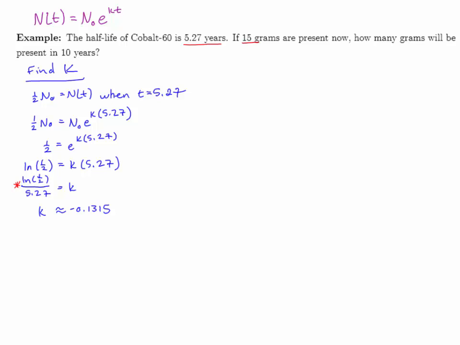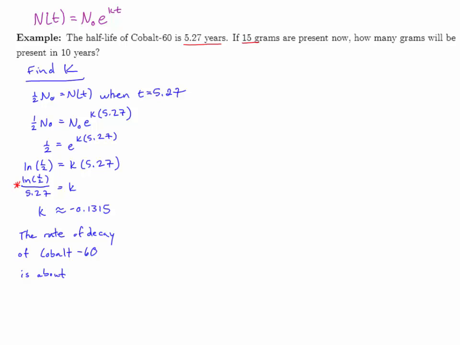This approximate value is helpful, though, in that it tells us the rate at which cobalt-60 decays each year. So what this means is that the rate of decay of cobalt-60 is about, and the negative is happening because it's decaying, but this 0.1315 is a decimal, and as a percentage, we'd write 13.15%.